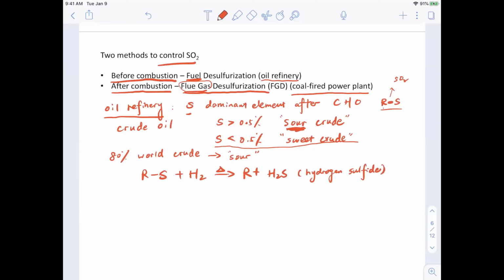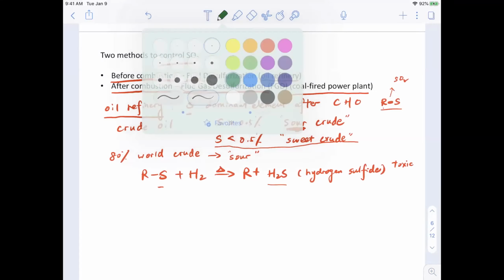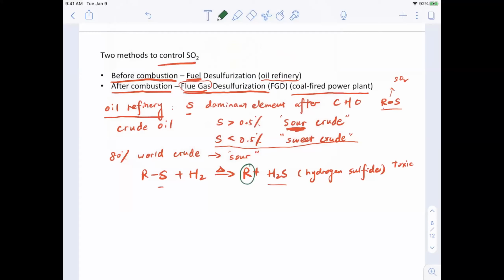Okay, so hydrogen sulfide, unfortunately, is also a pollution gas. It's also toxic to humans. So we basically convert the sulfur into a hazardous pollutant from this reaction here. But at least this step ensures that the product the oil refinery delivers to the customer is clean. Okay, so they don't need to worry about the sulfur coming out of their vehicles.